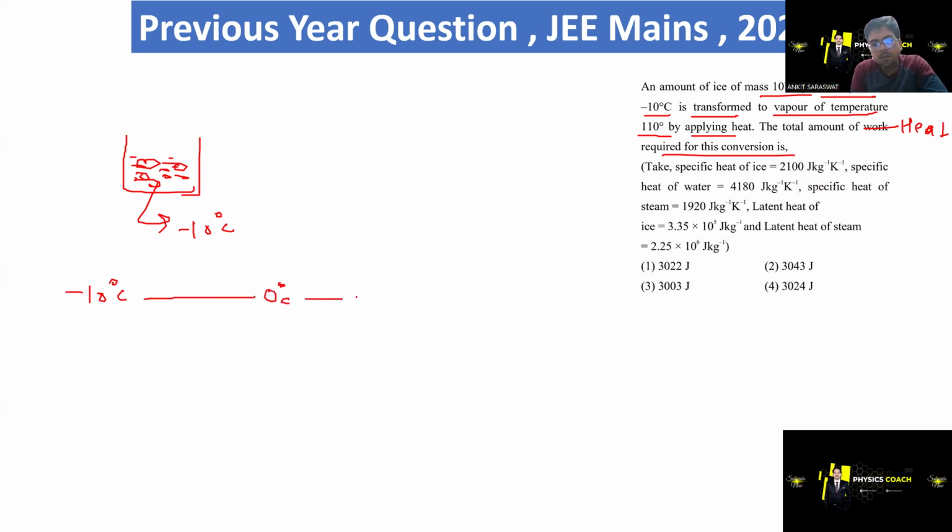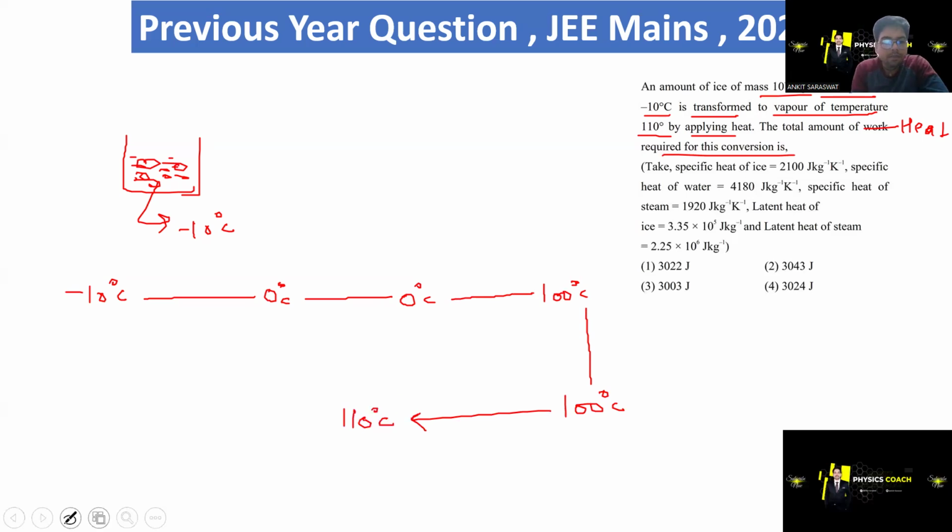Then you keep providing heat, but there is no increase in temperature, so the phase is going to change. After this, you increase the temperature up to 100. Then at 100 again there is no temperature change because the phase is going to change. Then 100 to finally 110 degrees Celsius.